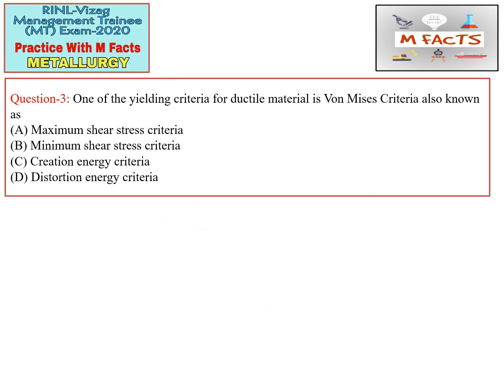The next question is from the mechanical metallurgy part. The question is: one of the yielding criteria for ductile material is the von Mises criterion, also known as. The von Mises criterion is one of the criteria for ductile material. The other criterion is the Tresca criterion. These two criteria are used as yielding criteria for ductile material.